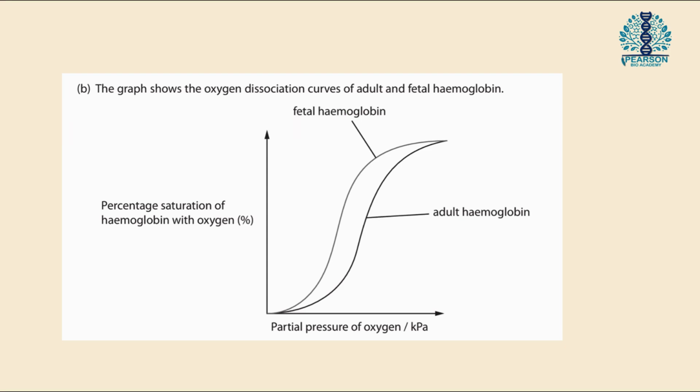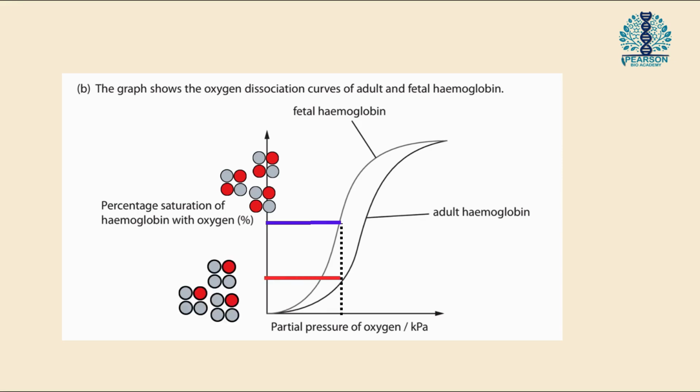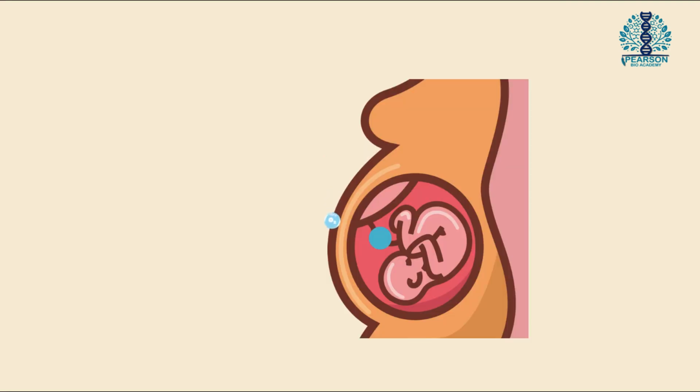For example, if we take 2 kilopascals from the graph, fetal hemoglobin shows a higher percentage saturation compared to adult hemoglobin at the same point. And this is very important for oxygen transportation across the placenta from mother to the baby without mixing the blood.